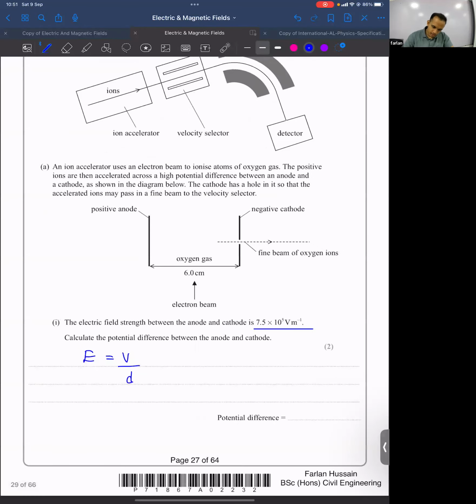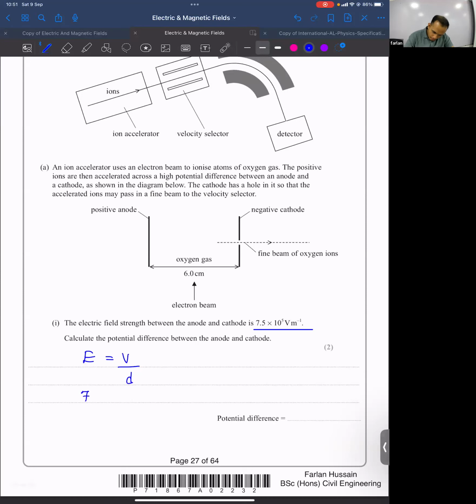Electric field strength is 7.5 × 10^5, V over the D, which is 0.06 in meters, 6 centimeters.